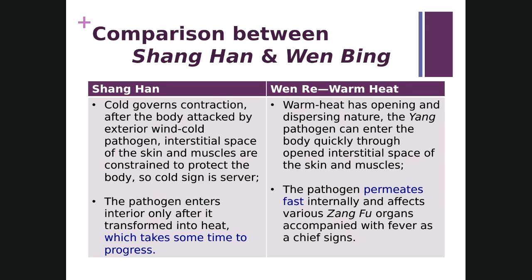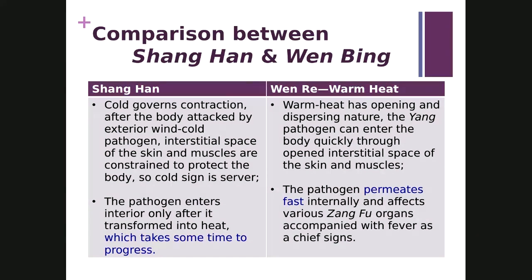That's why cold signs are more severe and pain will be dominant. At the same time, the pathogen does not have strong mobility in cold nature. Entering the interior takes a bit of time, usually about one week in Shanghan discussions. If the external pathogen cannot be resolved within seven days, it usually partially goes to Shaoyang or partially to other levels. So they're very slow, very gentle, and take time to progress.